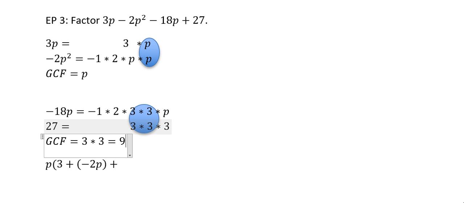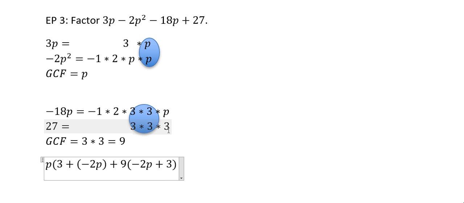So that's my common factor here. So 9, and then we look at what's remaining. And this will be negative 1 times 2, so negative 2p, and 27 is just 3. We already used these two, so we have a 3 left over.